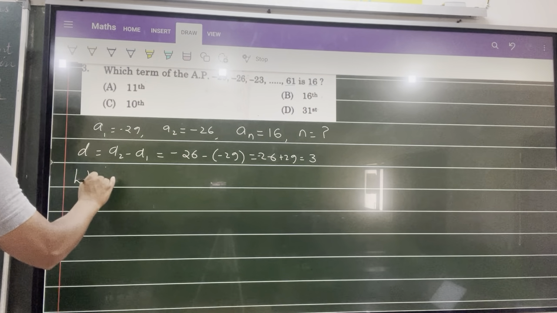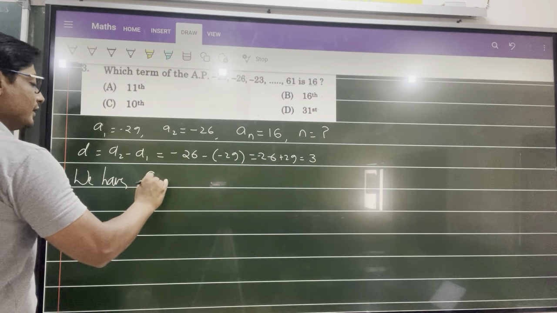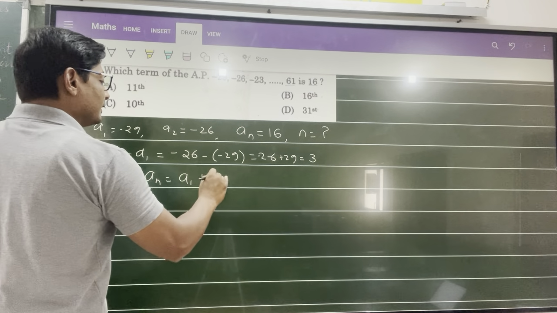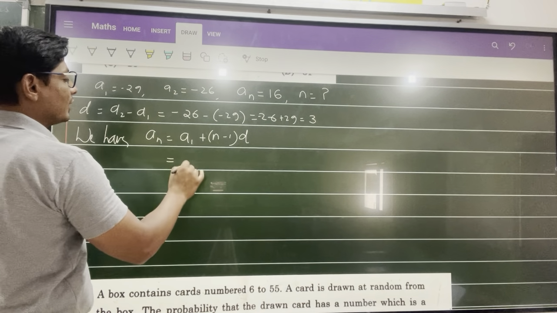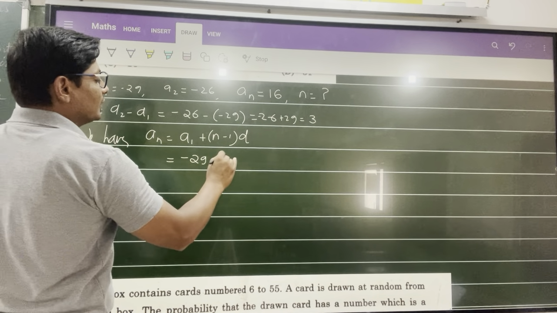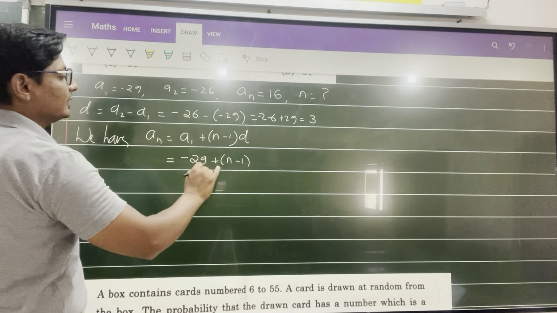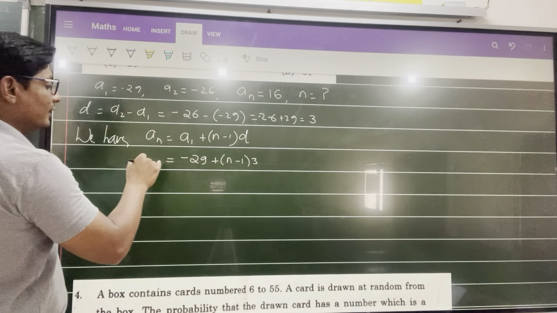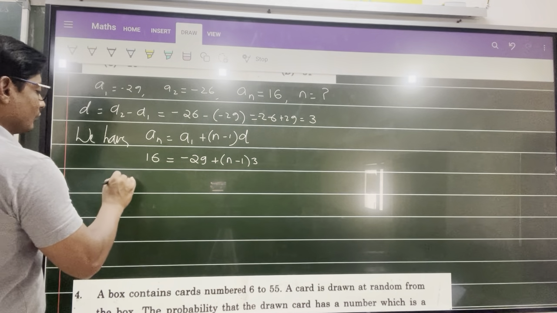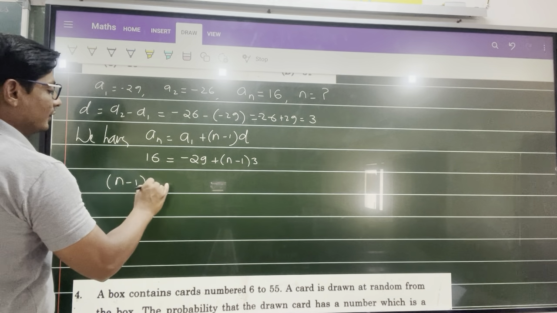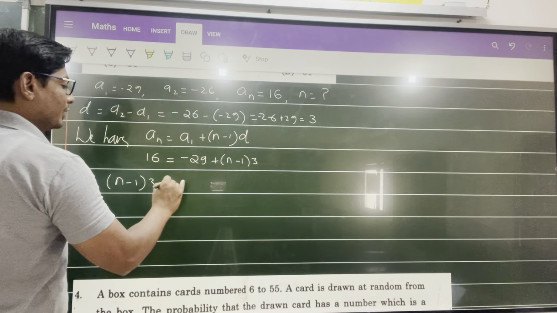So we have that formula for an. So an is given by a1 plus n minus 1 d. Okay, so now substituting the corresponding values, minus 29 plus n minus 1 will remain as it is. Now d equals to 3 and an is given 16. So taking minus 29 to the other side, and I will write left hand side that n minus 1 into 3.